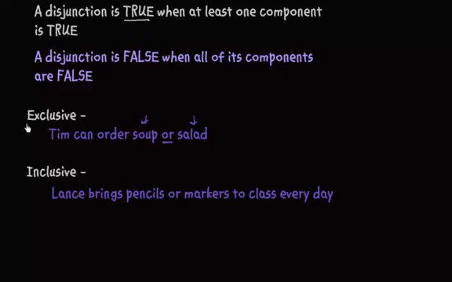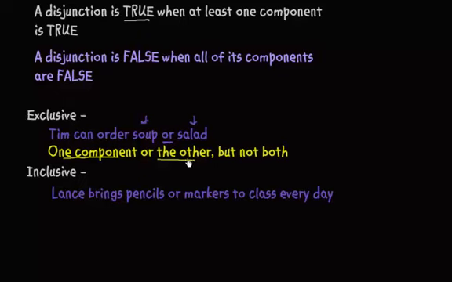And that's going to be the difference between the exclusive and inclusive. So to quickly sum up the exclusive OR, it could be true when one component or the other is true, but you cannot have both be true.